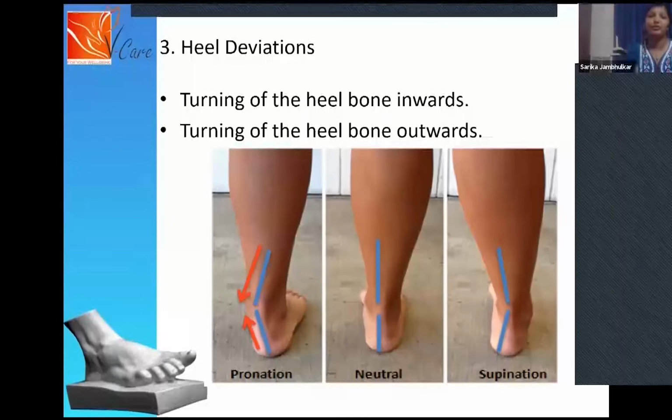In that case, you observe the back side of the heel, that is your posterior view of the calcaneus, and the turning of the heel. You see whether the calcaneum is inverted or everted. Accordingly, you can categorize that patient as pronated, neutral, or in supination. So this is the third point.